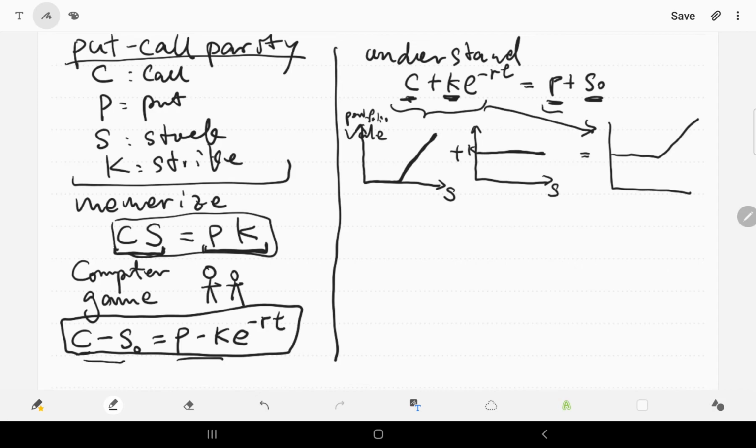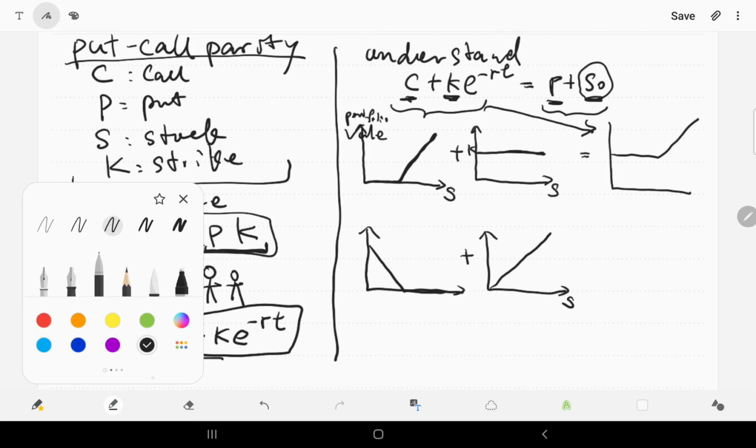Now let's take a look at the portfolio value on the right hand side. First of all, it is a put option, so the payoff is something like this. And what about the stock? The axis is the stock price, but what you have is just one stock. So you hold the stock itself, and the payoff curve is y equals x. If you add these two curves together, what do you get?